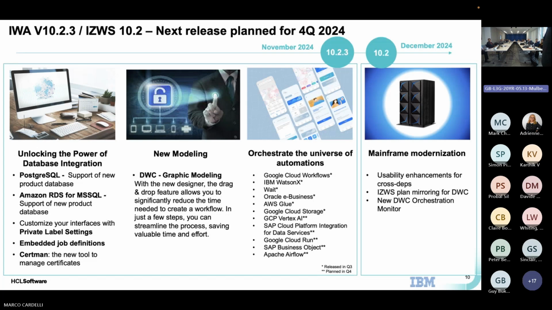The embedded job definitions, Davide will explain that better. And Certman, it's a new tool that should help to manage the certificates, because we got the feedback that it's a painful scenario for customers, so we're trying to improve the usability of that.